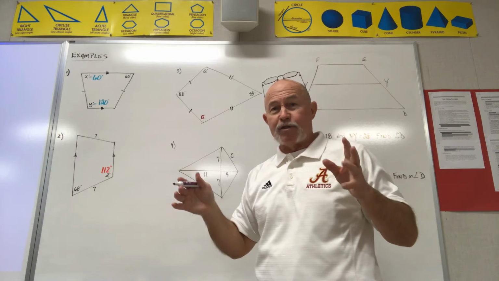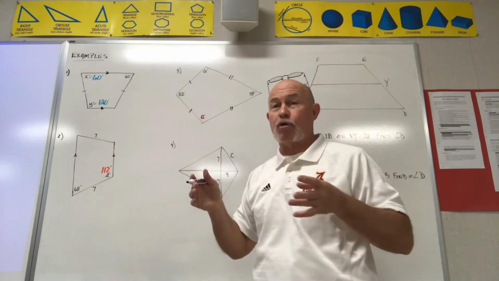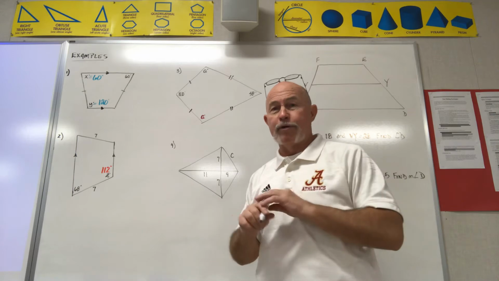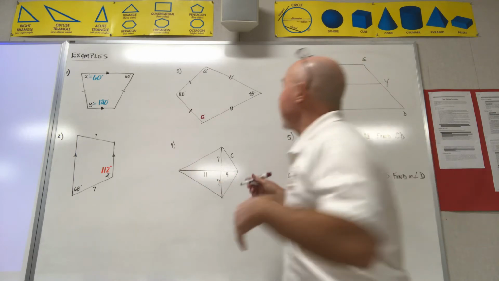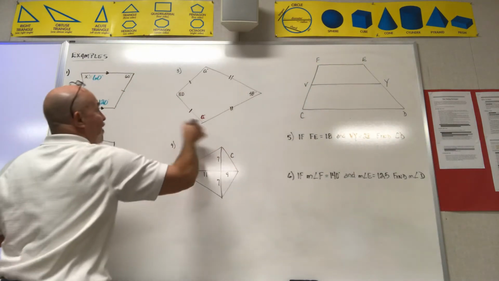Okay, if you jumped out of your seat and said 360, you are correct. If you sat there bored, you're also correct. Okay, here we go. So I'm going to add these 4.